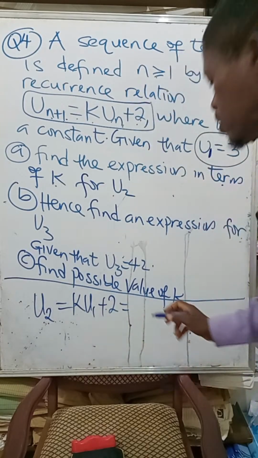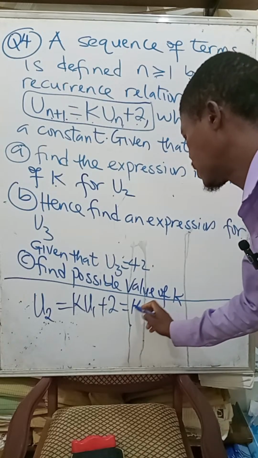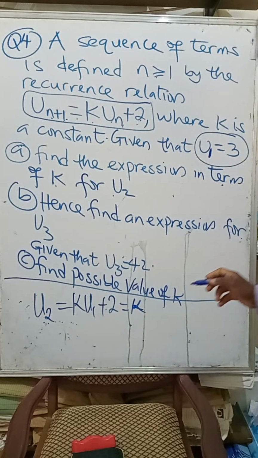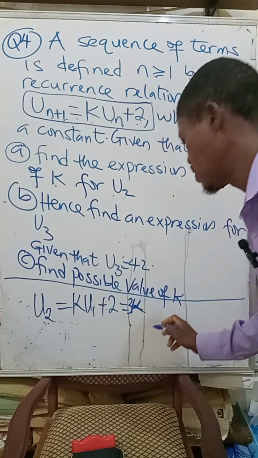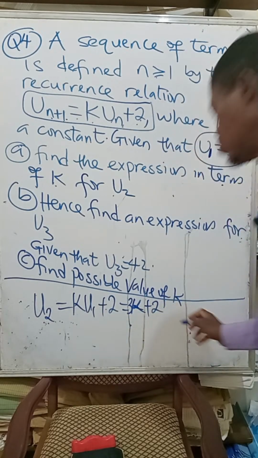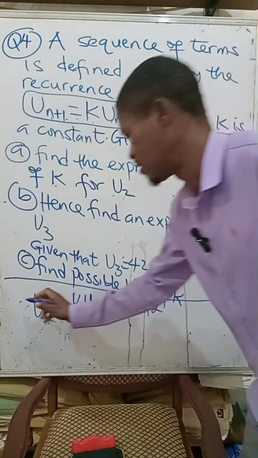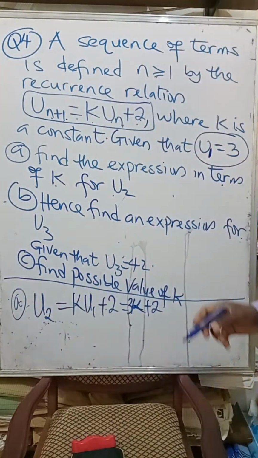U1 is 3, so that will be 3K plus 2. That's the A part: 3K plus 2.